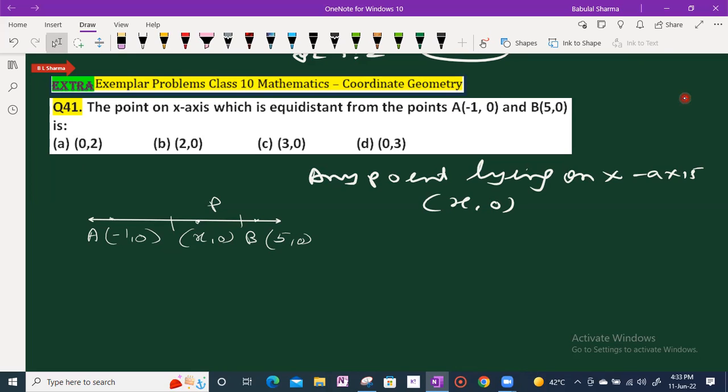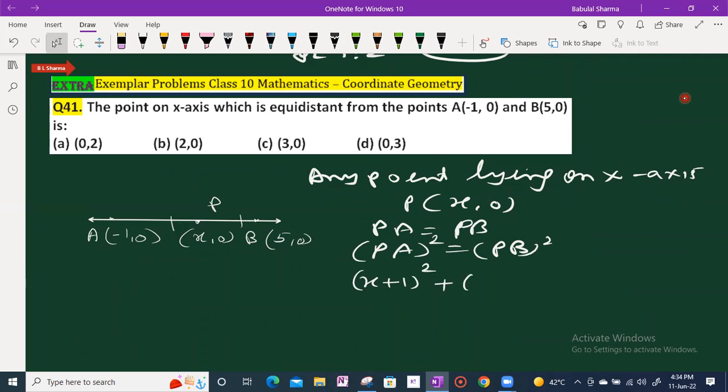So it is given that distance PA is equal to, let this point be P, PA is equal to PB. ये जो P से डिस्टेंस A का और B का दोनों का सेम डिस्टेंस है. Squaring both sides, PA square is equal to PB square. देखिए using the distance formula, x2 minus x1 whole square, so x plus 1 whole square plus 0 minus 0 whole square, that is x minus 5 whole square plus 0 minus 0 whole square.